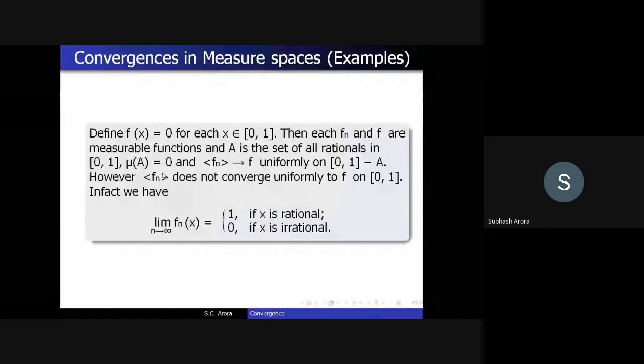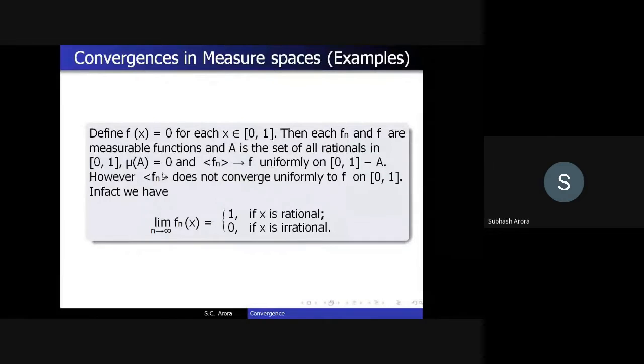Here you know that the uniform limit of a sequence of Riemann integrable functions is always Riemann integrable. This gives you an example of this type.